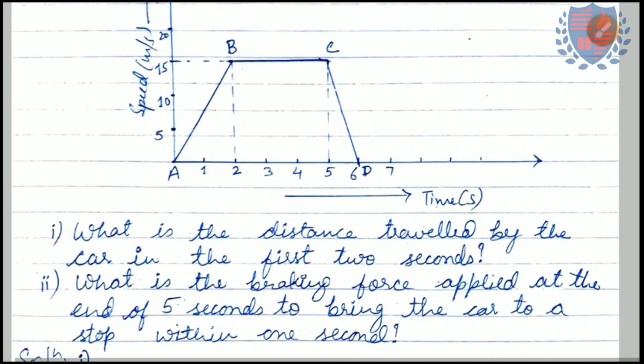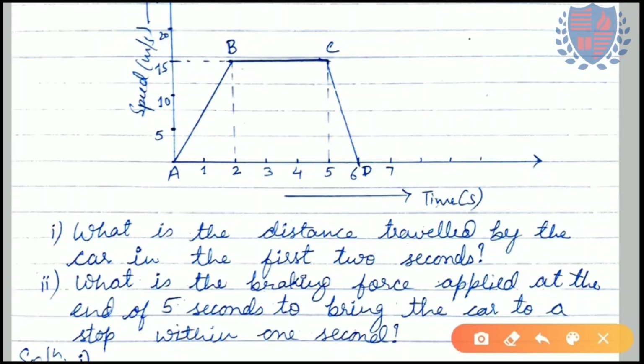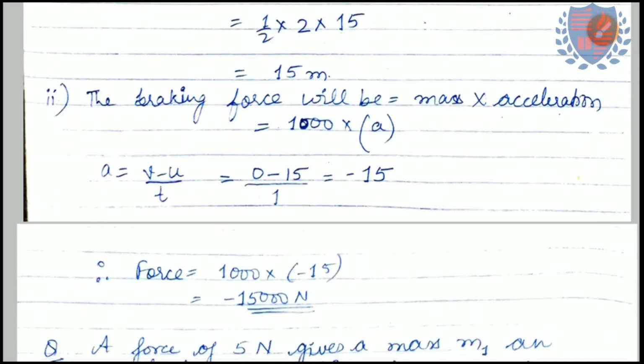From the graph, the final velocity is 0 and the initial velocity is 15. Retardation is there, so definitely you will get the acceleration with a negative sign. So it is v minus u by t. Substituting this value, we get a is equal to minus 15.